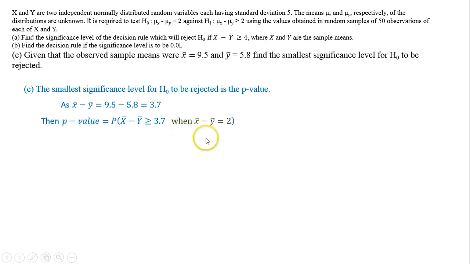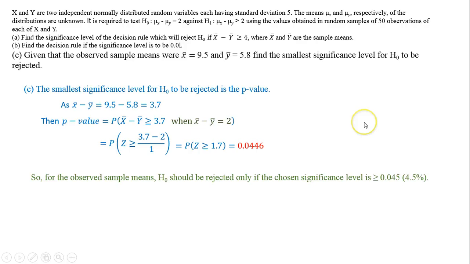Then the p-value is the probability of x bar minus y bar being greater than or equal to 3.7 when H naught is true, i.e. when the difference in means is equal to 2. So rearranging into z's, I get 3.7 minus 2 over 1, giving us a p-value of 0.0446. That is the significance level.